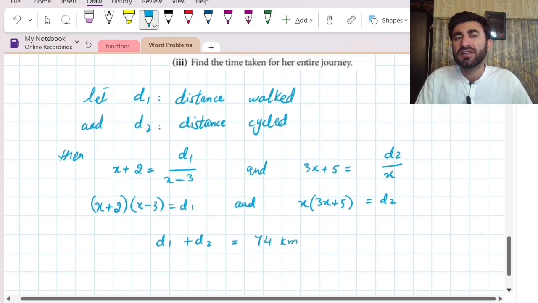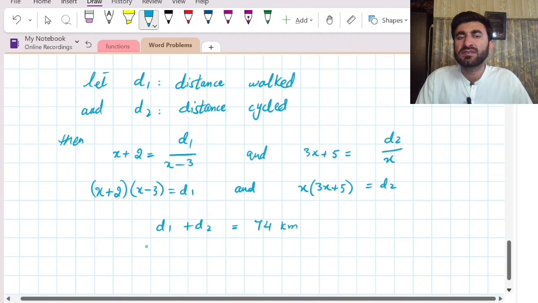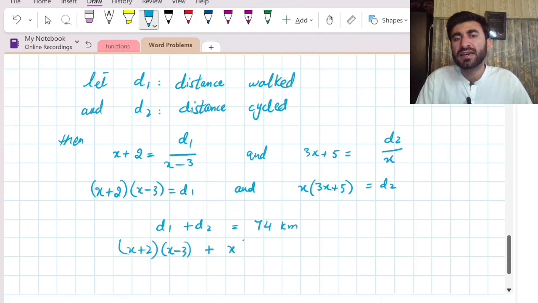Now we can replace the values over here, and then we can simplify it. So it will be x plus 2 times x minus 3, that was d1, and d2 was x times 3x plus 5, and this equals 74.